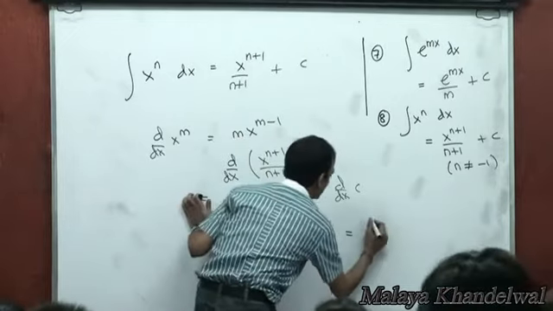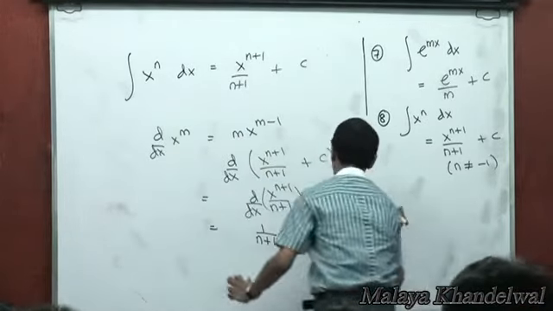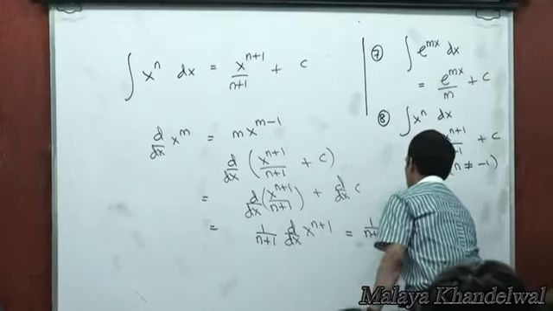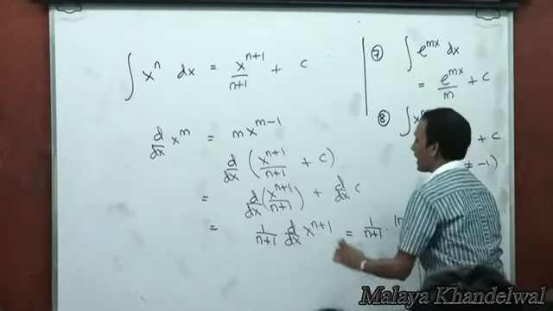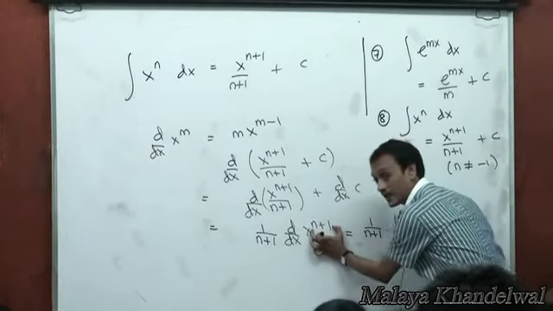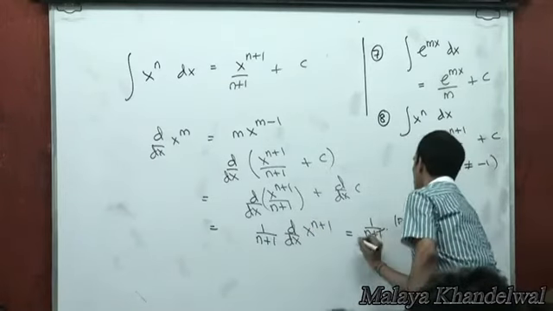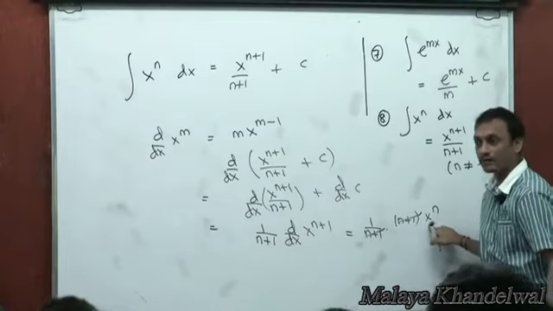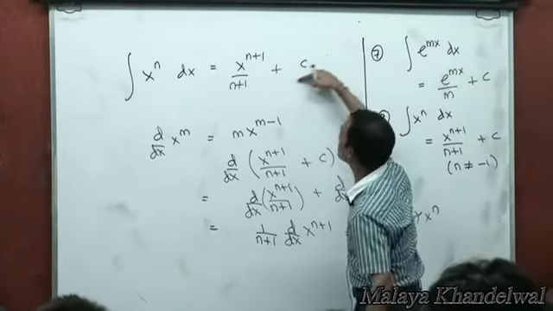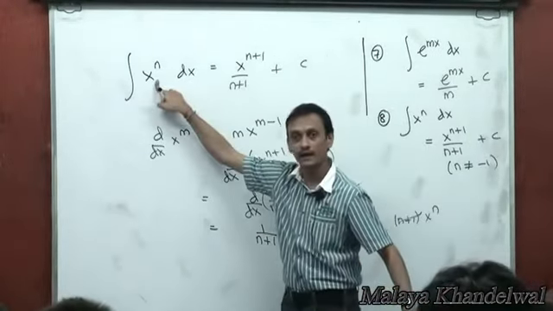So this is going to be 1 by n plus 1 into n plus 1 into x power n plus 1 minus 1, so that makes it x power n. So when you differentiate this with respect to x, you get x power n.